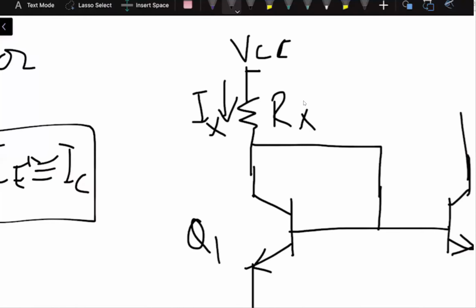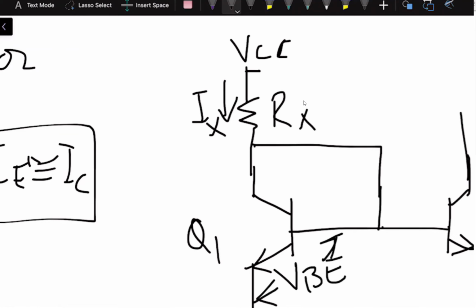On the other end, Rx is connected to the base of the transistor, and over here the potential is equal to VBE, right?